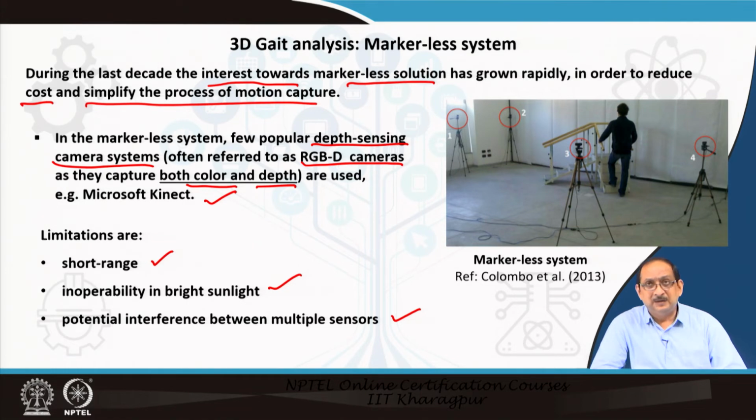Most importantly, however, the accuracy and precision of motion tracking is still lower than the marker-based system, which actually remains the gold standard of 3D gait measurement.